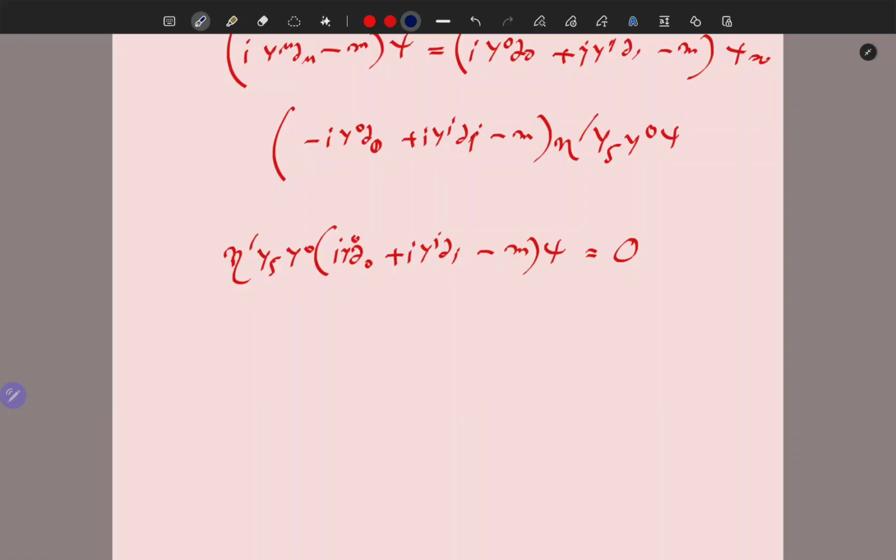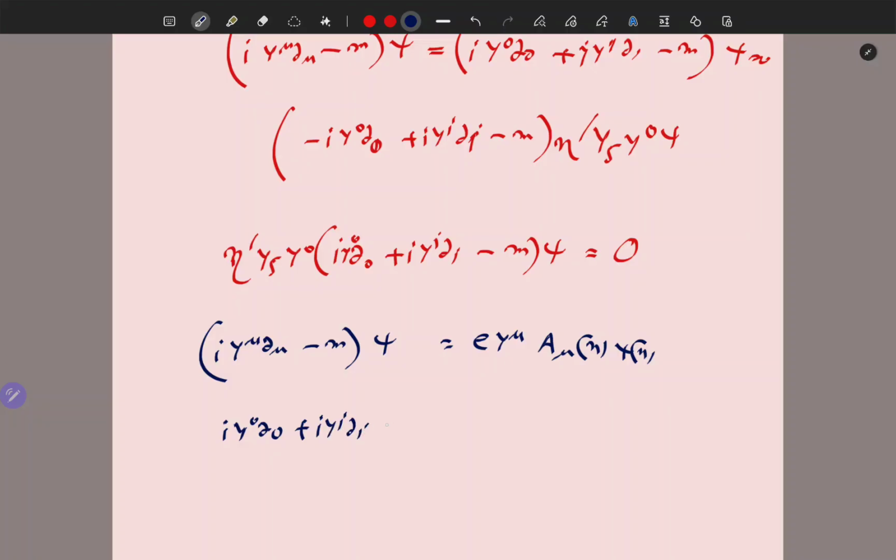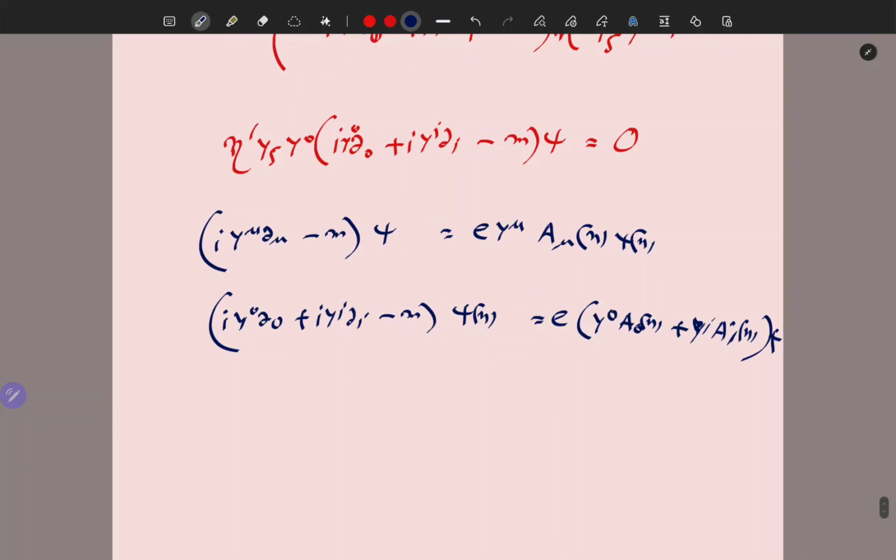For an electron interacting with the vector potential A_μ, the corresponding Dirac equation is (i γ^μ ∂_μ − m)ψ = e γ^μ A_μ(x) ψ(x), which can be written as (i γ^0 ∂_0 + i γ^i ∂_i − m)ψ(x) = e (γ^0 A_0(x) + γ^i A_i(x)) ψ. This is 89.